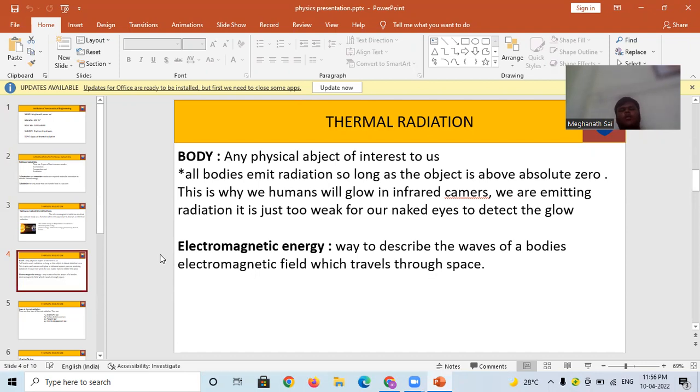So in this slide, every body emits radiation, electromagnetic energy. The way to describe the waves of a body is the electromagnetic field, which travels through space.